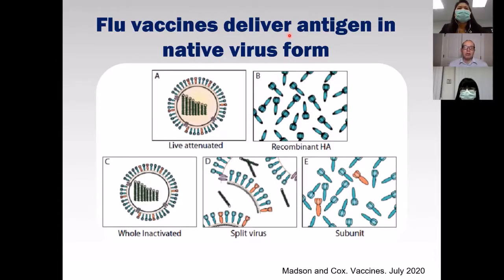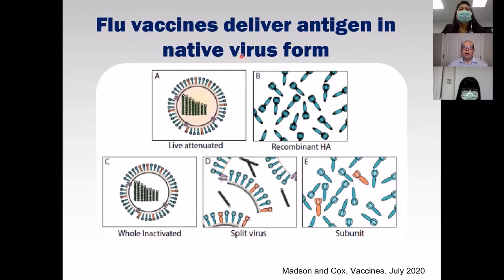And the technology we use for influenza vaccines is actually quite old technology in most cases. Some of the earliest forms of flu vaccines were done in the mid-1940s, and in many instances they haven't changed a whole lot since. But there are a number of different formulations.